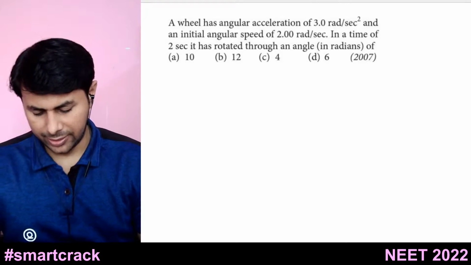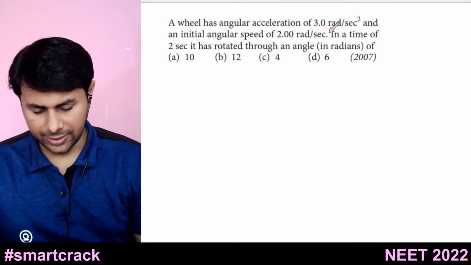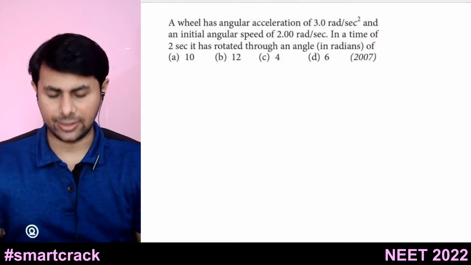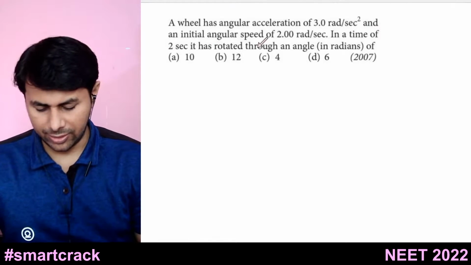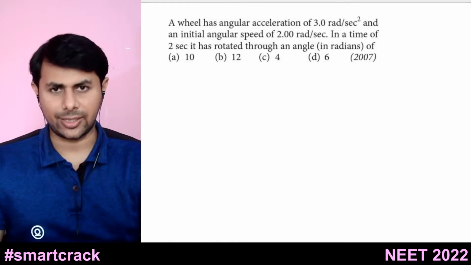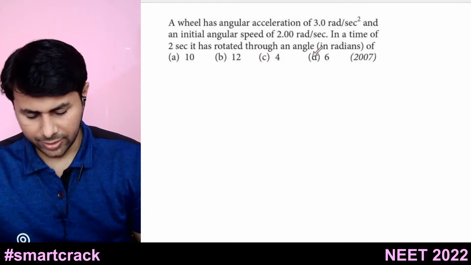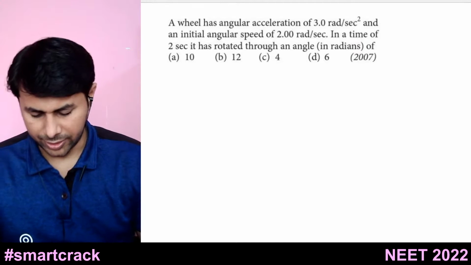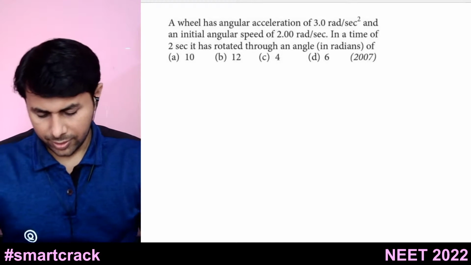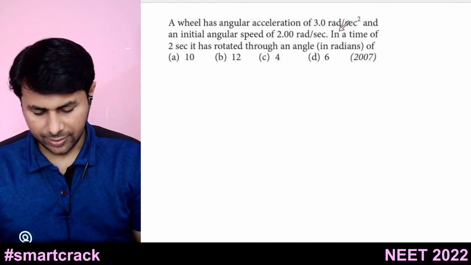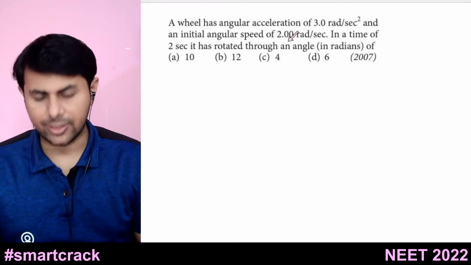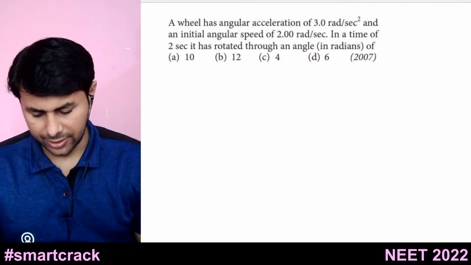The next problem is: a wheel has an angular acceleration of 3 radians per second square and an initial angular speed of 2 radians per second. In a time of 2 seconds, it has rotated through an angle. So the angular acceleration is given, and the initial angular speed is also given, 2 radians per second.